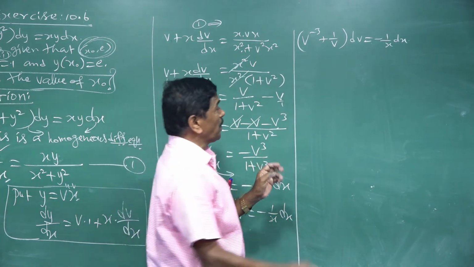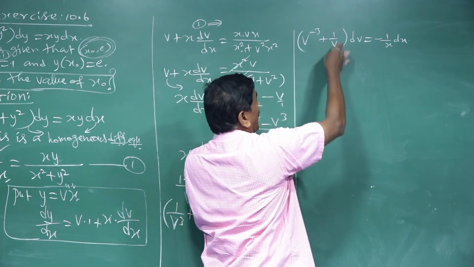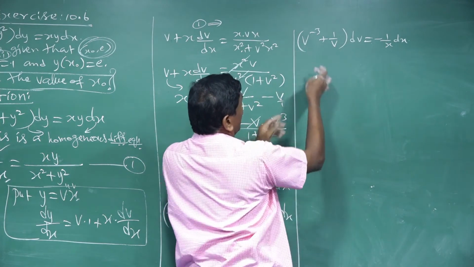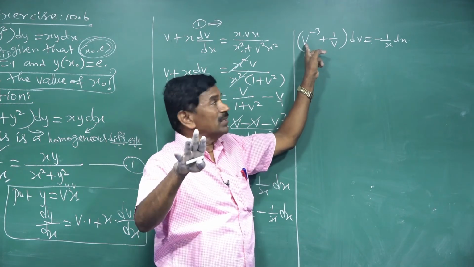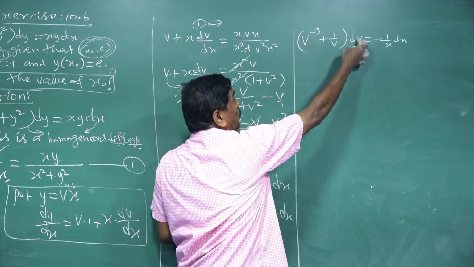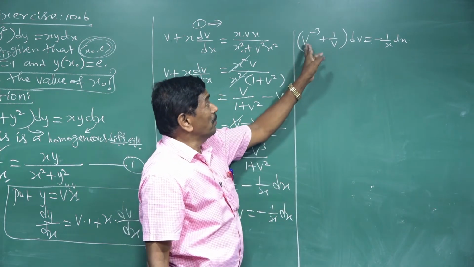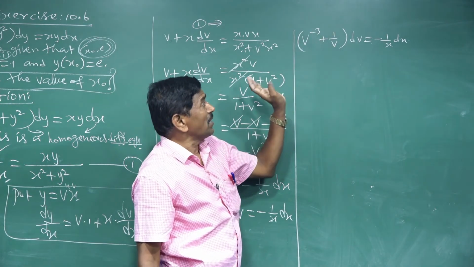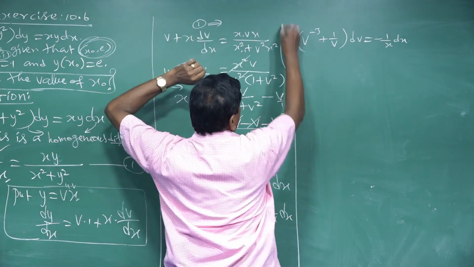Now verify the formulas. Integral 1 by x dx equals log x. Integral 1 by v dv equals log v. Here integral v power minus 3 into dv is of the form integral x power n dx equals x power n plus 1 by n plus 1. So here it is v power minus 3 plus 1 divided by minus 3 plus 1. Yes, the formula is available, so I want to integrate on both sides.